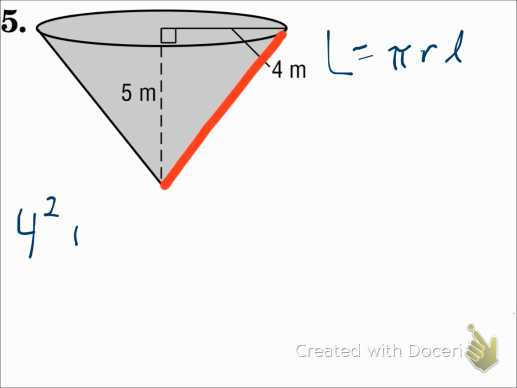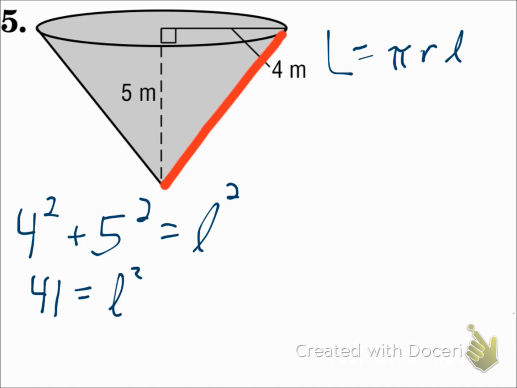One leg squared plus another leg squared equals the slant height squared. 16 and 25 make 41. When you square root each side, the slant height is the square root of 41. So that's what we'll substitute in.